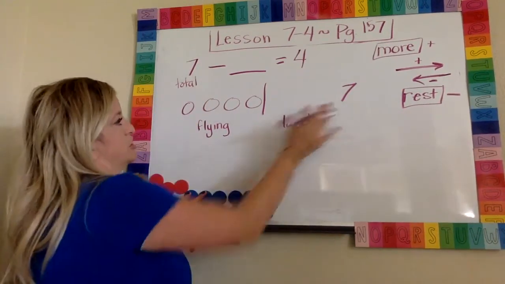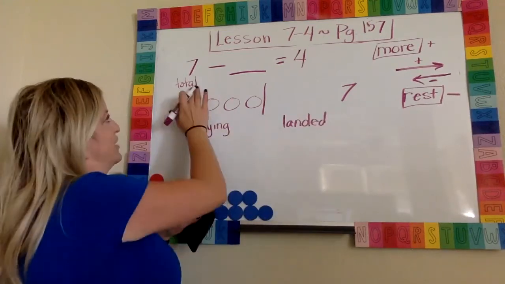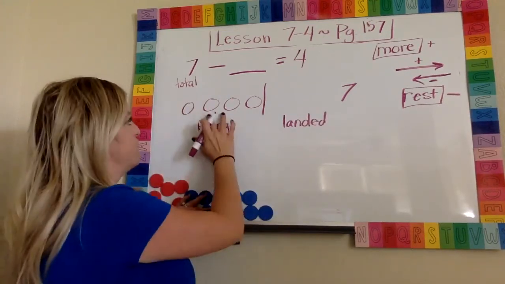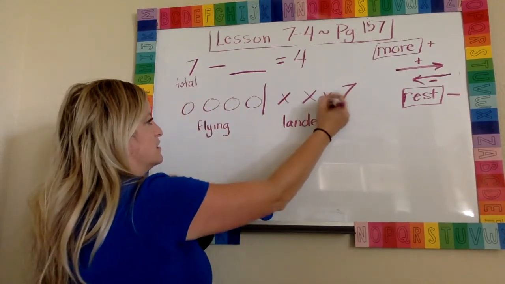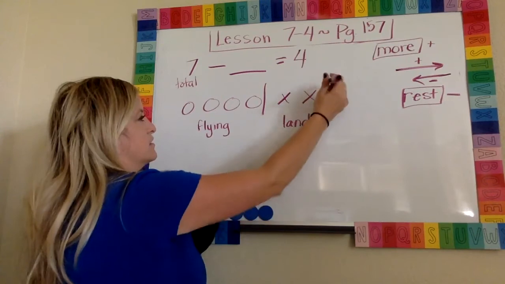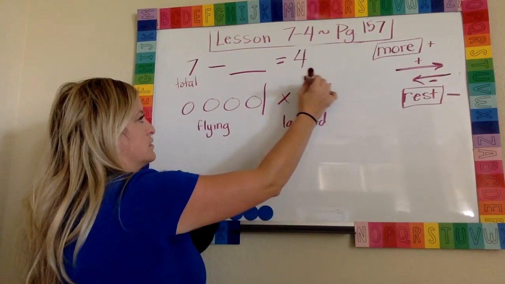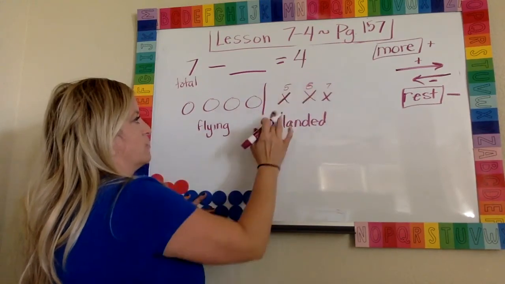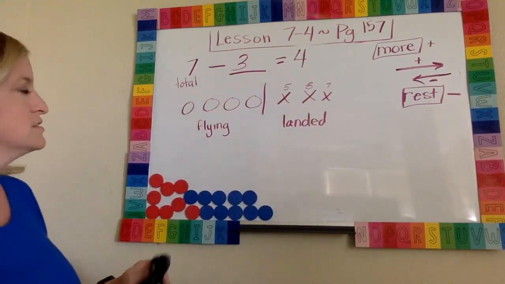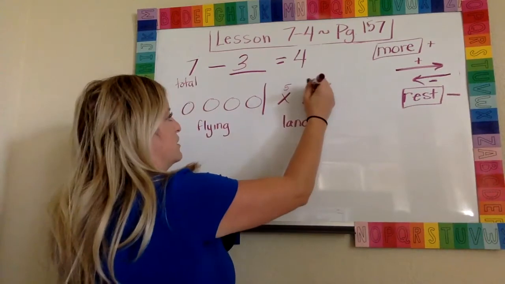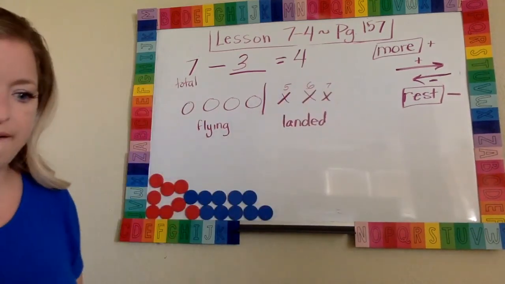I shouldn't be counting on until 8, 9, 10 because I don't have those numbers in my equation. 4, 5, 6, and there's number 7. 1, 2, 3. So now I know 3 planes landed.